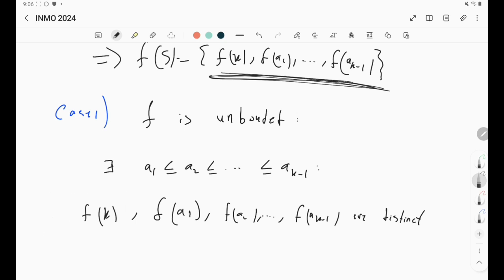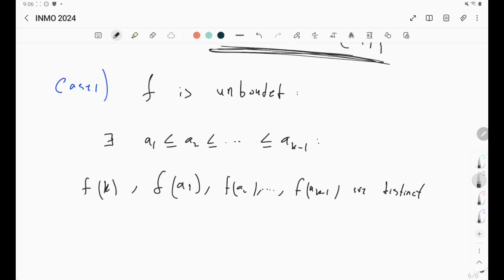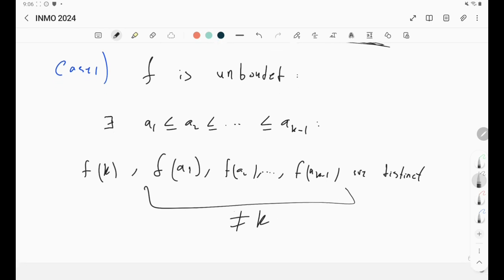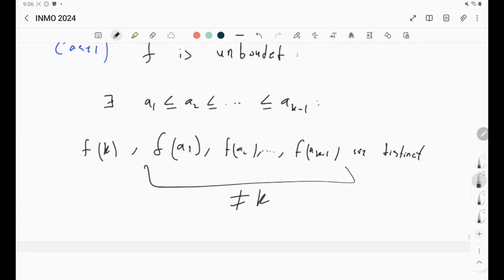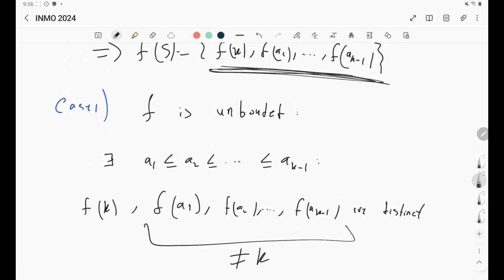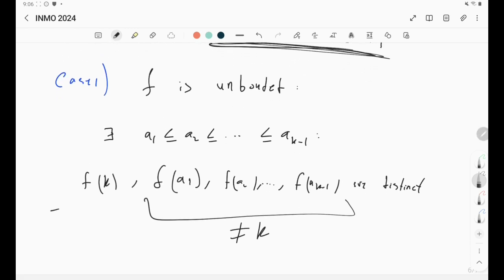So maybe we can say that k and these guys are distinct. So k isn't equal to any of these, none of them is k. You can play with this, maybe use the max function, whatever. Not really the max function, but I think you get my point. We just want to guarantee that none of these is equal to k.